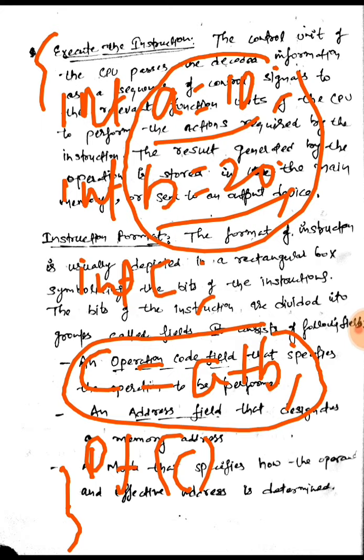So this instruction format will consist of the opcode, that is the operation we are performing, and the operands, that is the data, and where this data is to be fetched from will be decided by the addressing mode.